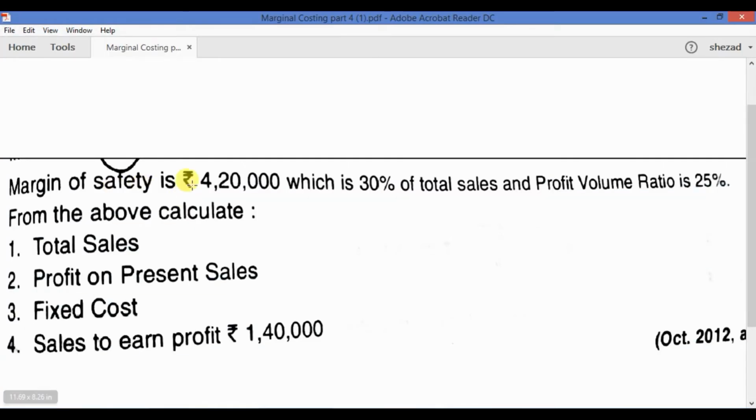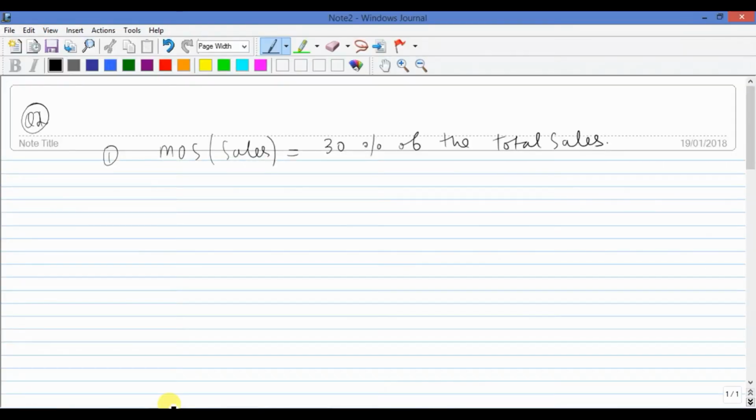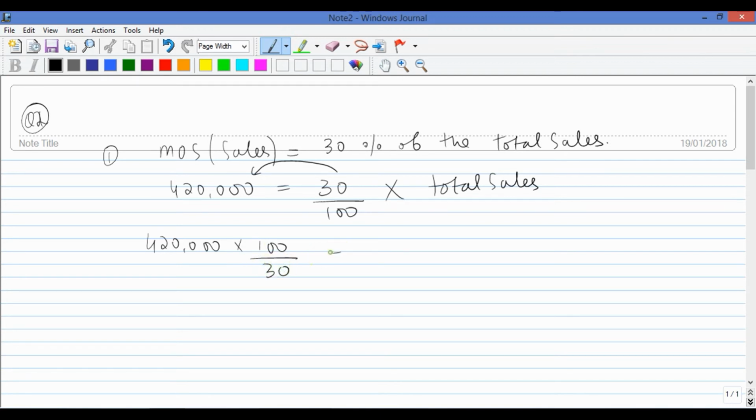So margin of safety is 4 lakh 20. 30 on 100, I will multiply by the total sales. So 4 lakh 20 into 100 divided by 30 is going to give me total sales.